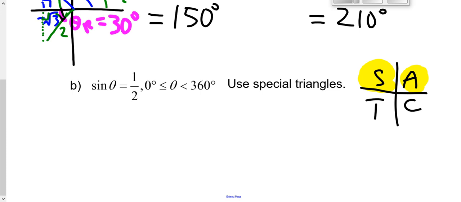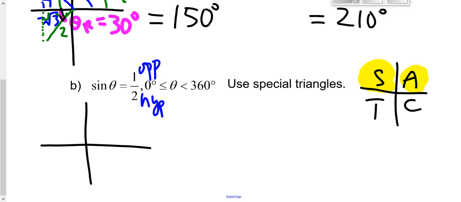Let's sketch this. So if you look at this, we have sine, opposite over hypotenuse. So for our triangle, one for opposite, so something like this.